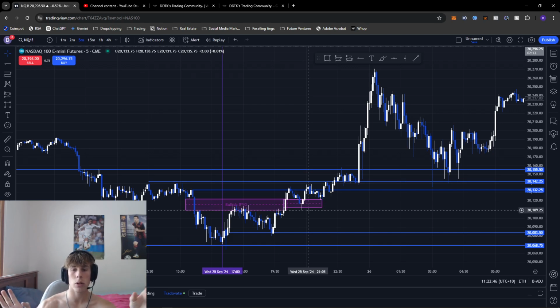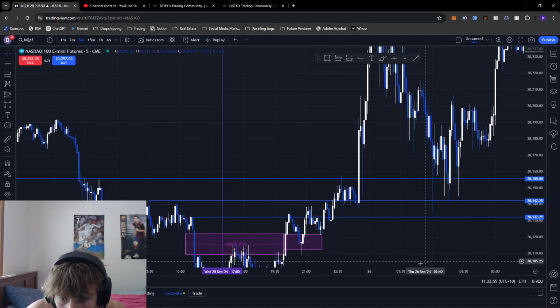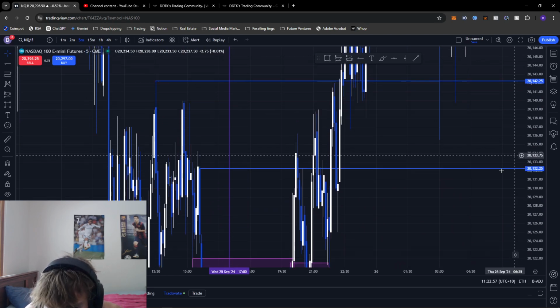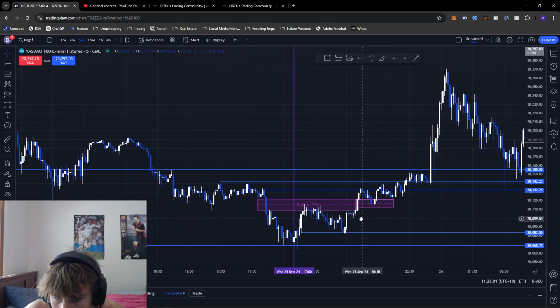A wick is good confirmation that the fair value gap has been respected, or is being respected. So the wick is formed, and then it closes. Does that close out? Yeah, closes out. That's real nice there.